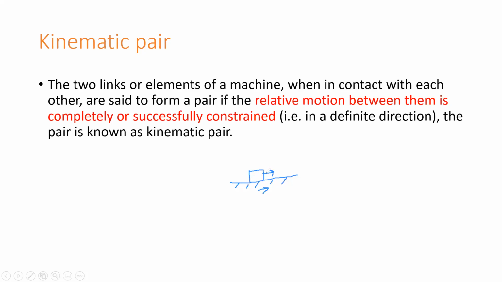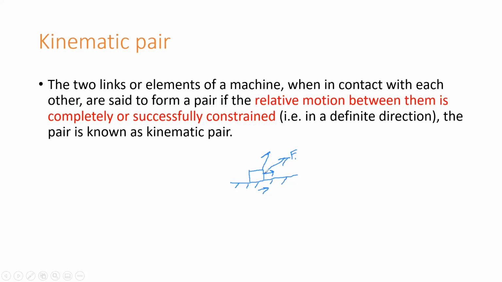But suppose I incline the force like this, if I apply an inclined force like this, then where will be the motion of the block? In which direction will the block move? Chances are that this block may lose the contact with the ground, and it can also move in any other direction like this.